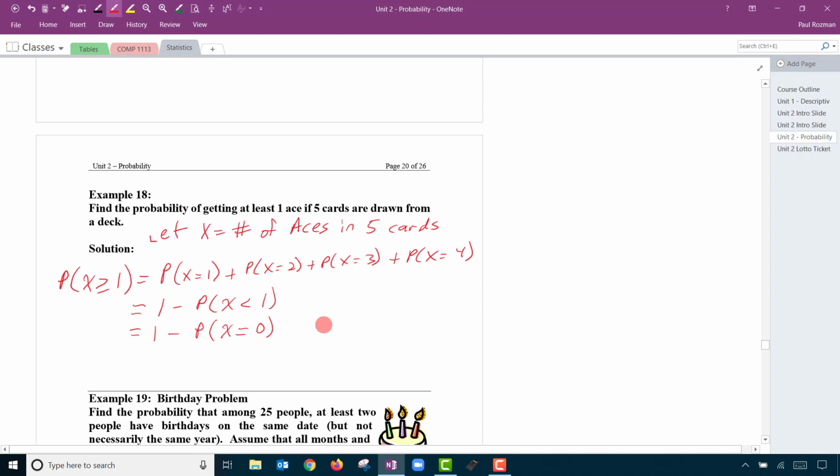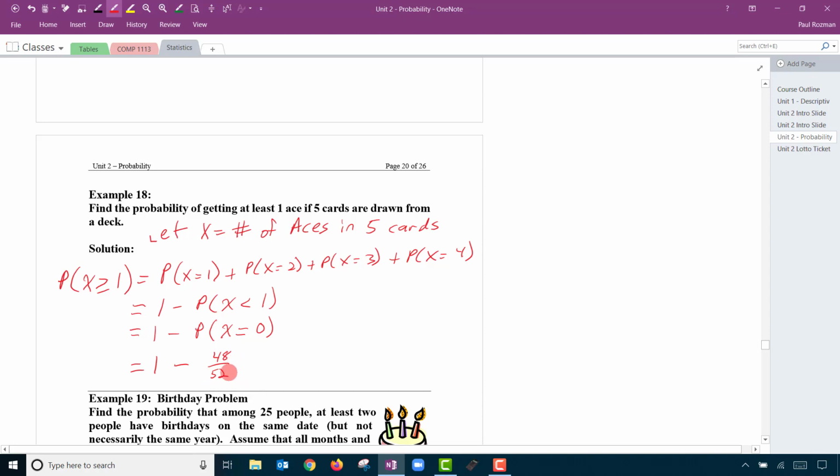Now to calculate this, we need to draw 5 cards and have all 5 not be aces. So we need the first card not to be an ace. So we ask, how many non-aces are there? Well, there are 48 out of the 52 cards.